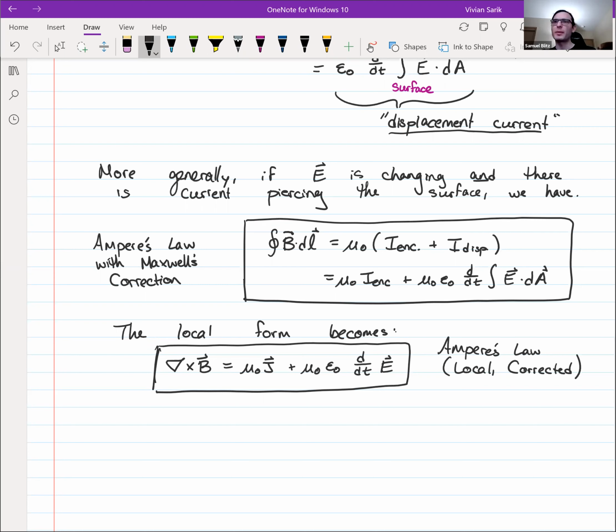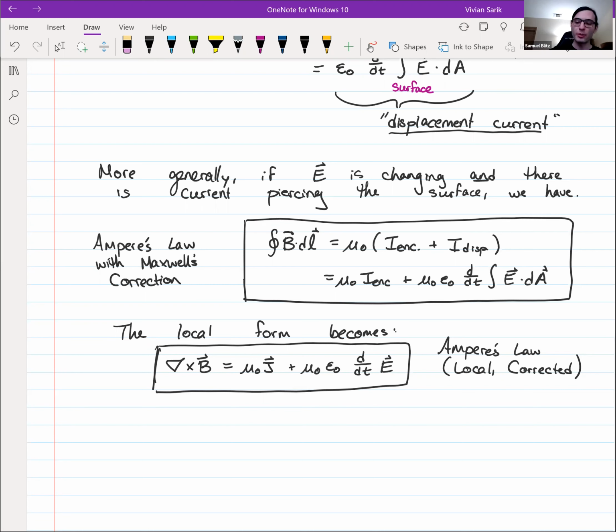So by the way, when we talk about this correction, this is sort of like when we talked about the curl of E. Initially, at the very beginning of the course, when we were talking about electrostatics, there's this notion that the curl of the electric field should be 0. But then we said, oh, but wait a minute, what if the magnetic field is changing? Then you have some magnetic flux, and then you can have some non-zero electric curl. The same thing is happening here. There was already a term that was there, so we just had to add one extra term that accounts for the changing electric field that can produce more magnetic curl.